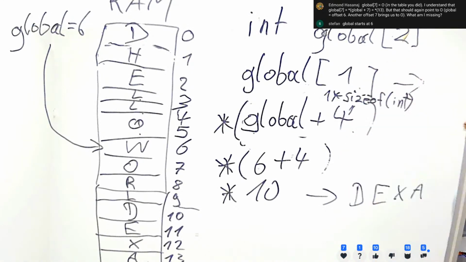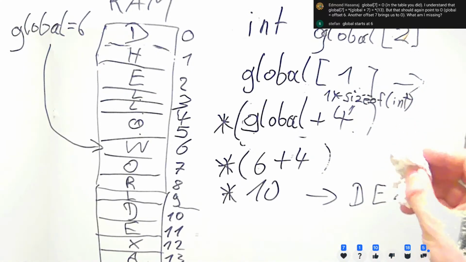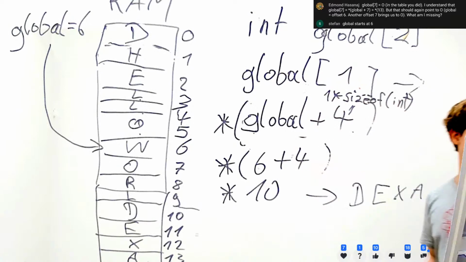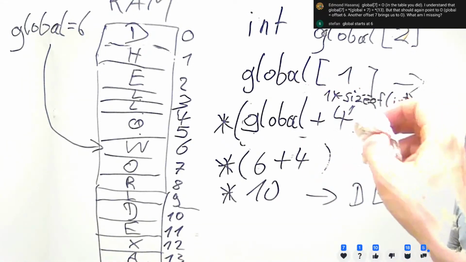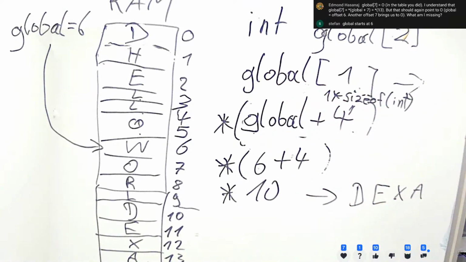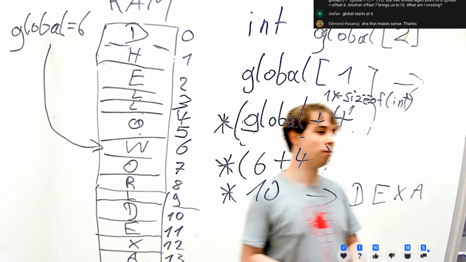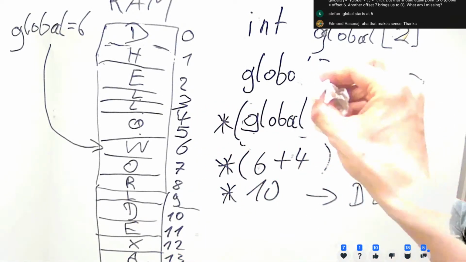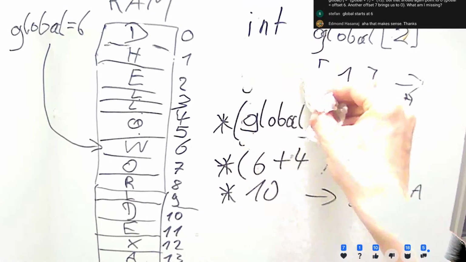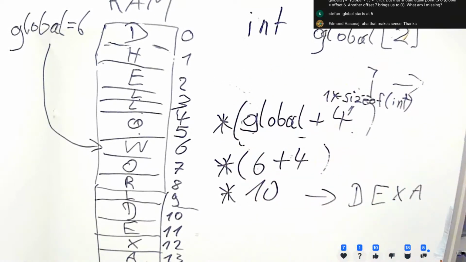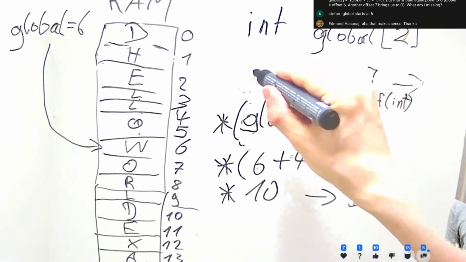Okay, let me turn this example around because why not? In this case it can get tricky because of pointer arithmetic. If you have 1 plus global, you might end up at a different offset. So it doesn't necessarily work in the same way for all pointers. Let's try that.